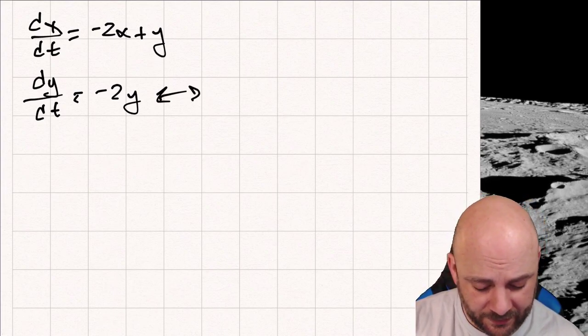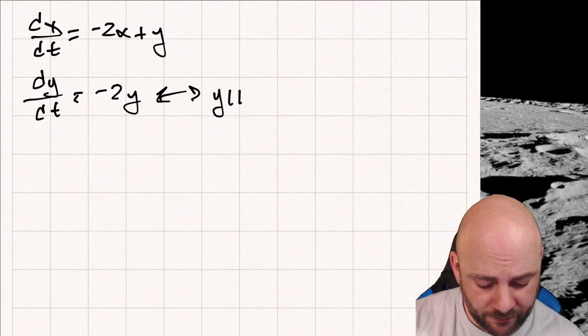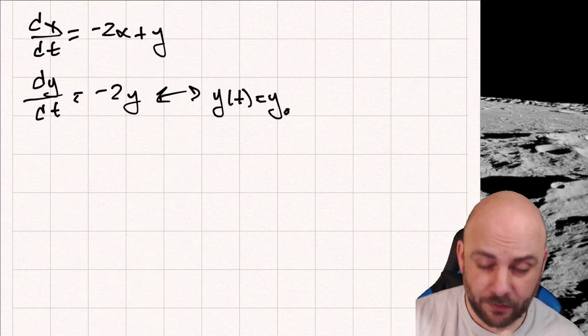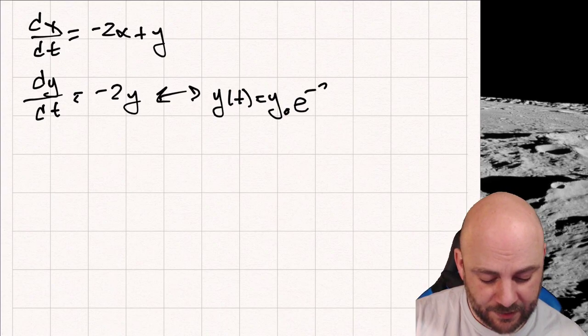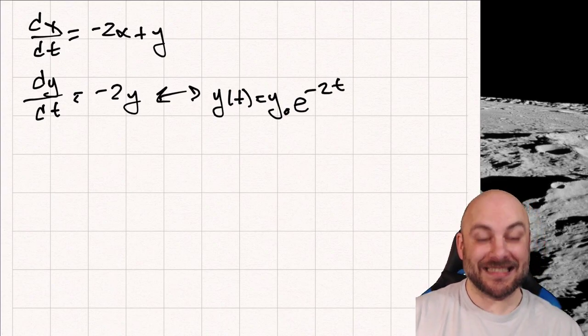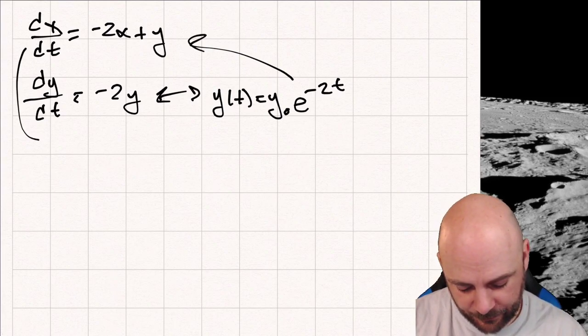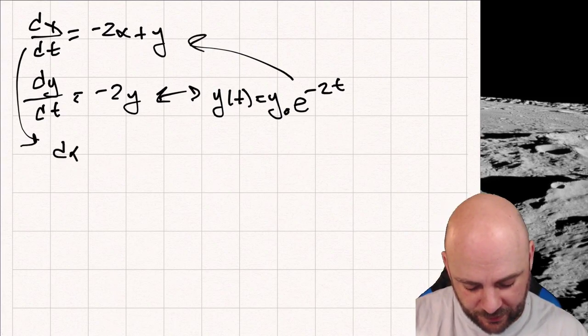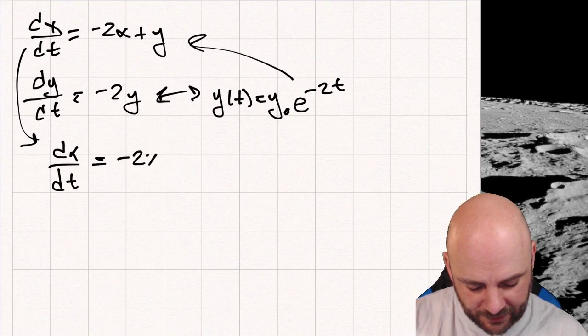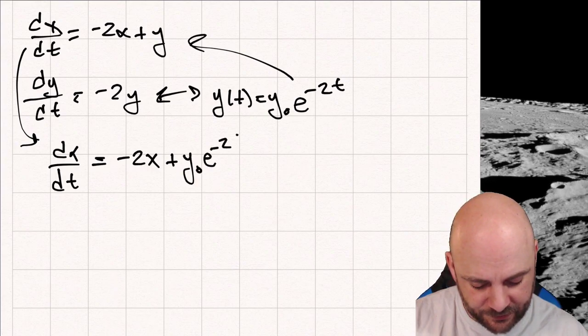The dy/dt equation does not depend on x, so I can solve that. As a matter of fact, my solution, y of t, is y sub 0, the initial condition, e to the minus 2t. Huzzah. Okay, you plug that in to the first equation there, and you wind up with the equation dx/dt equals negative 2x plus y0 e to the minus 2t.